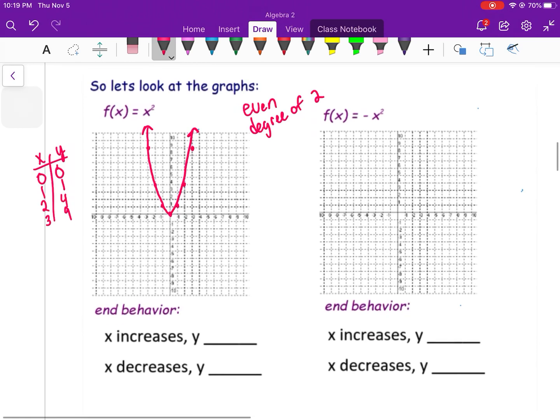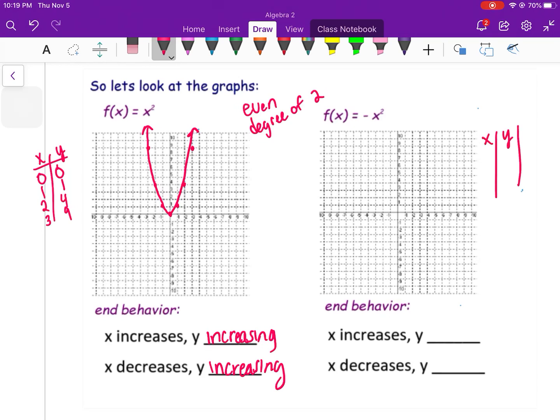Now, in this case, as you go to the right or to the left, since it is opening up, the function itself is increasing in both. So increasing and increasing on both sides, going up.